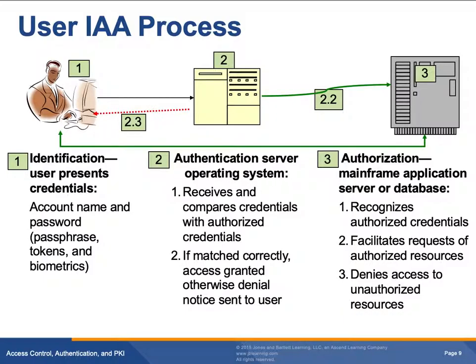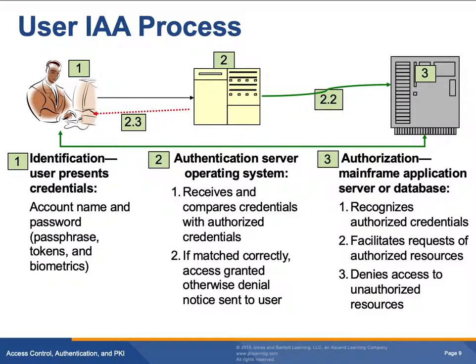And now that's just only access. So if the access isn't granted, denial happens, of course. 2.2 up on the slide, that's gaining access to the gray box up on top. That could be some sort of mainframe or even a file server, database server, something of that nature. Up here they have number 3, the server recognizes authorized credentials.